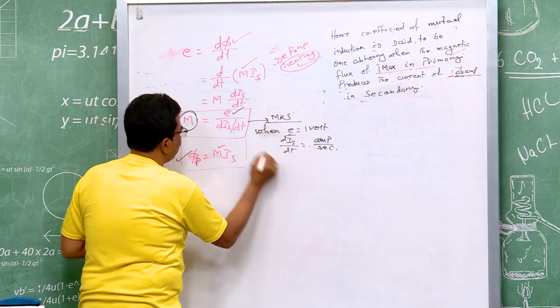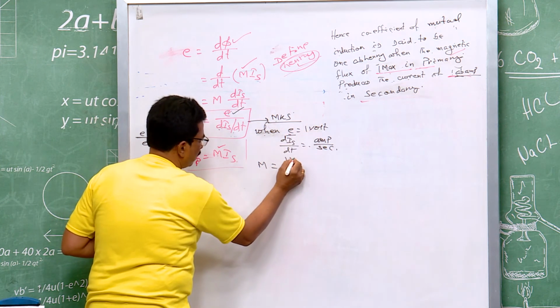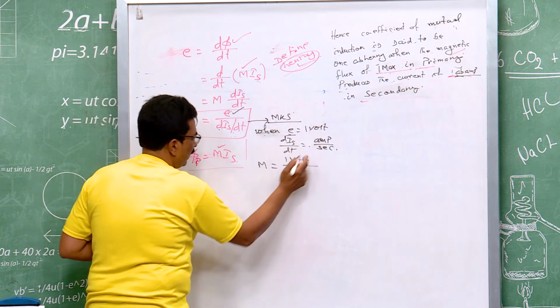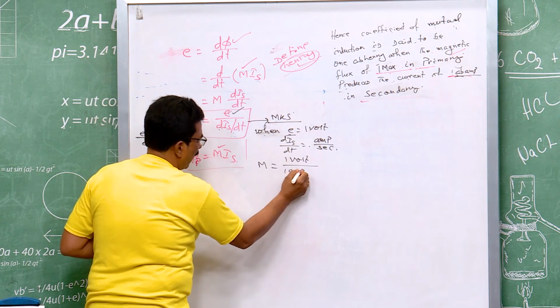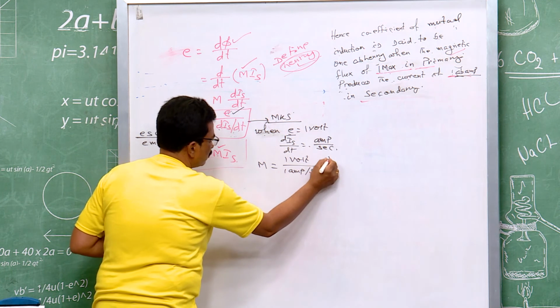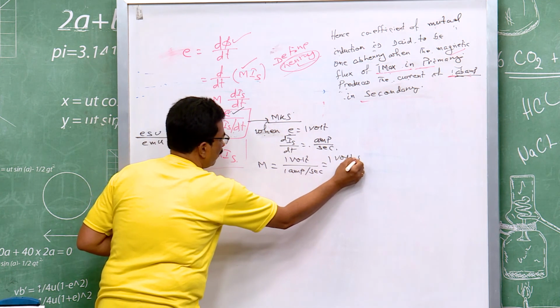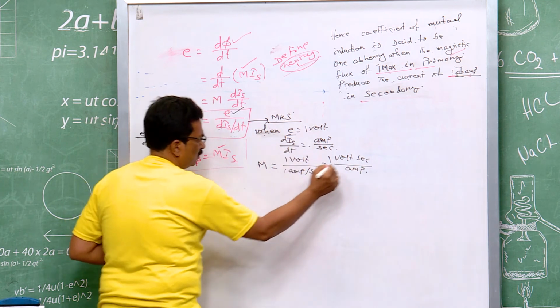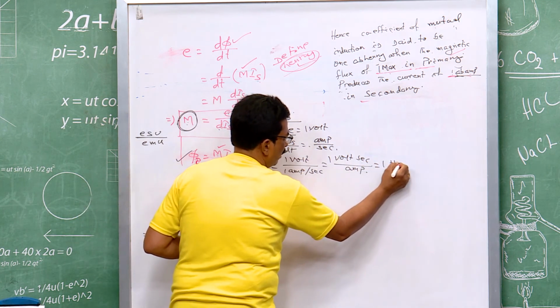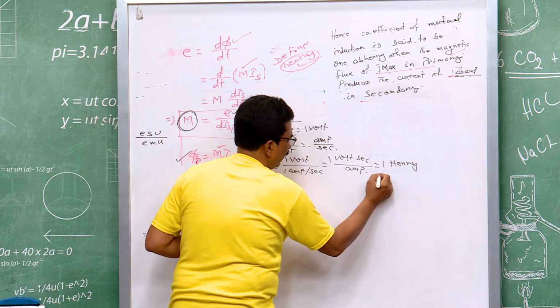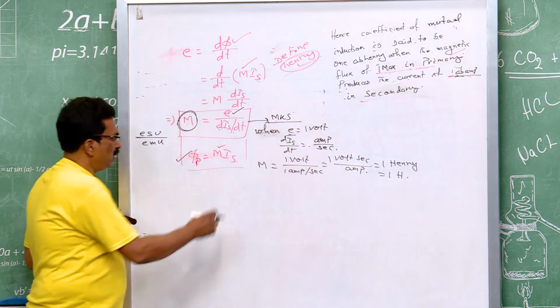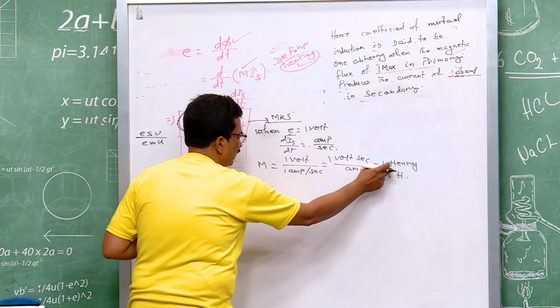So, M is equal to E, 1 volt, by dI by dt, 1 ampere by second. So, this is equal to 1 volt second by ampere. So, this is also 1 Henry, that is equal to 1 capital H. So, this is the mutual induction, 1 Henry.